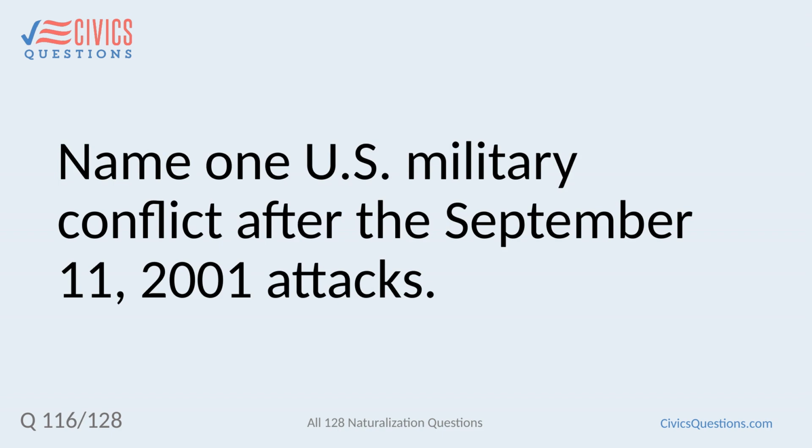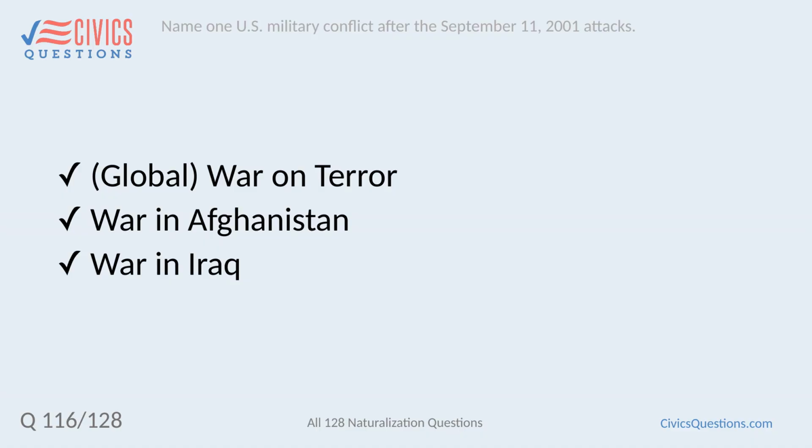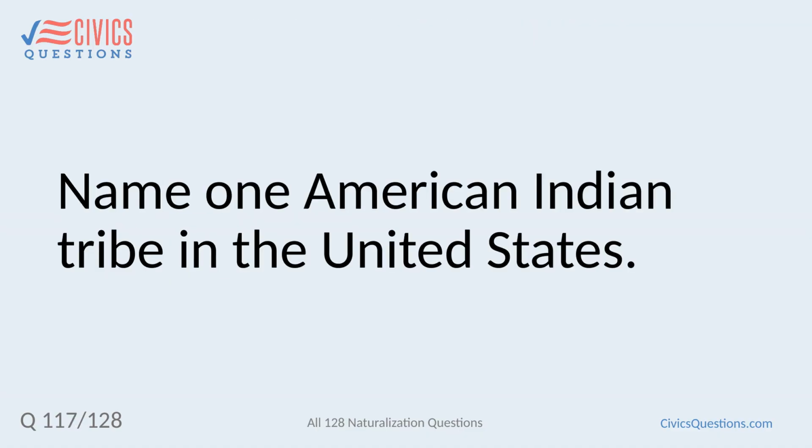Name one U.S. military conflict after the September 11, 2001 attacks. Global War on Terror. War in Afghanistan. War in Iraq. Name one American Indian tribe in the United States.